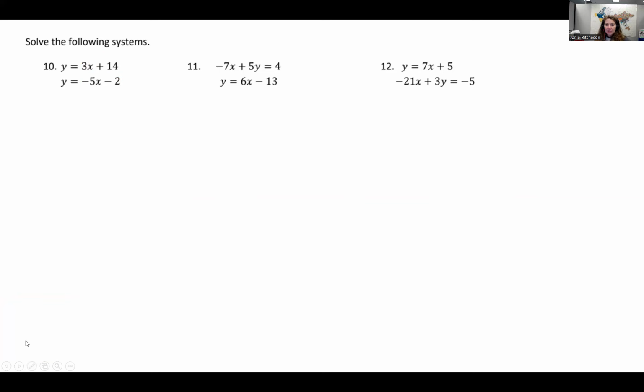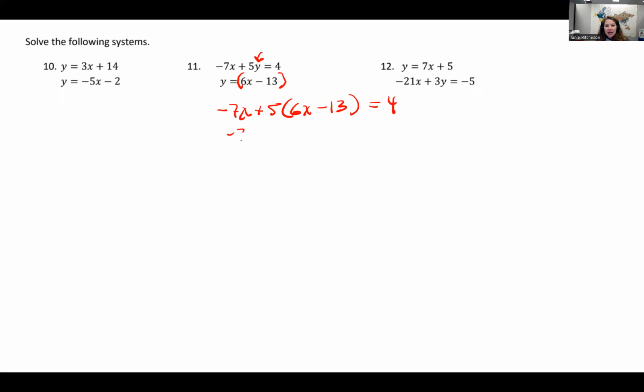Number 11, since the second one is solved for y, I'm going to substitute this for y. So I'm going to bring down -7x plus 5 times y, and y is 6x minus 13.